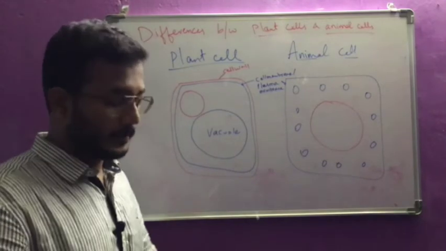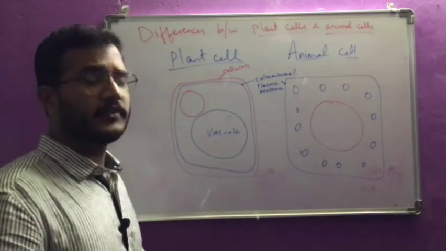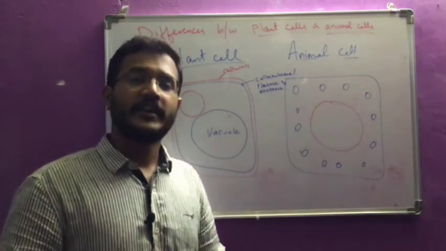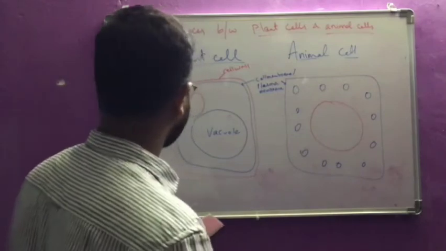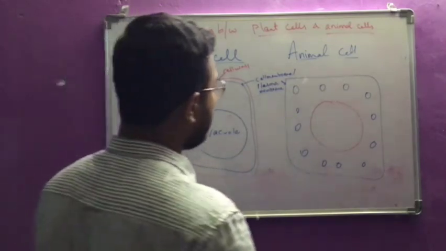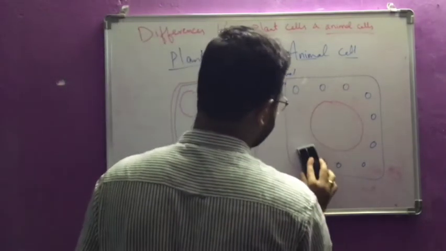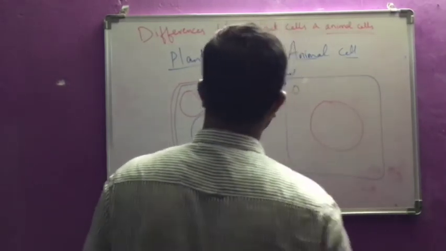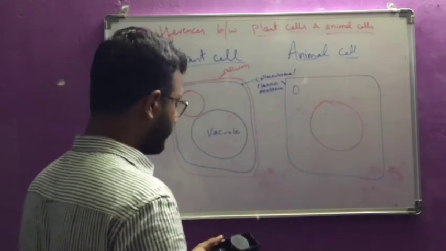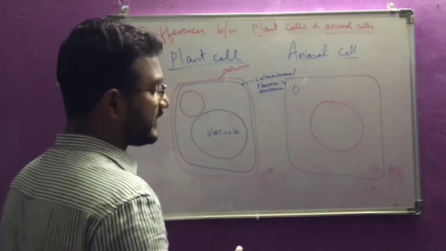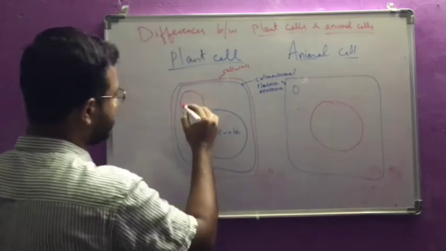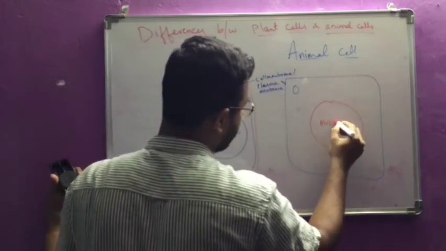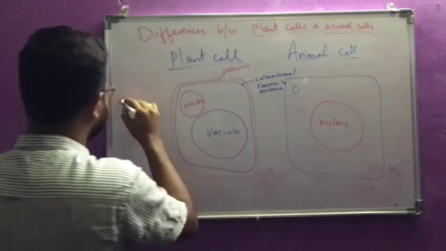So this is one of the major differences, and we will see what a vacuole is and what the function of vacuoles is in detail in the discussion of vacuole. And another major difference between plant cell and animal cell is that the plant cell has plastids.